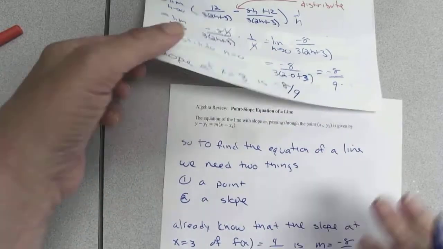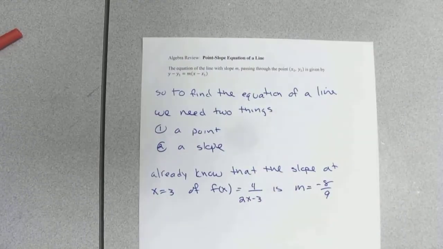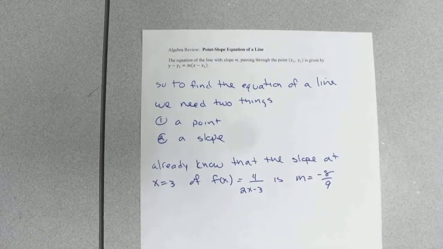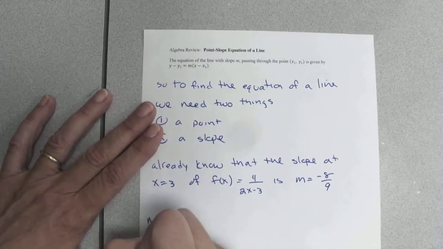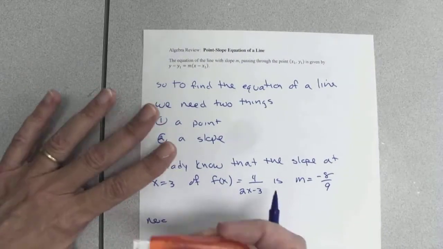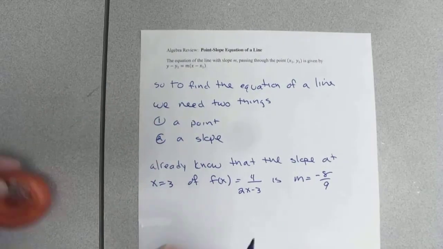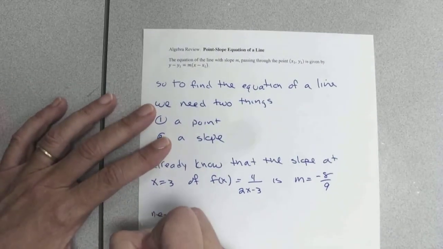That's what we calculated with the point definition of the derivative. We calculated the slope. So we still need to know, I'm going to try to write a little bit neater. I have horrible, horrible handwriting.